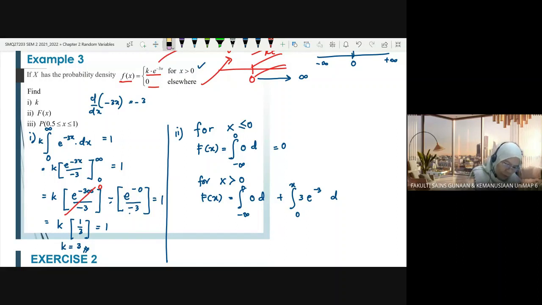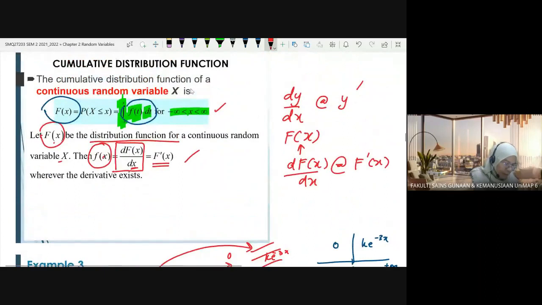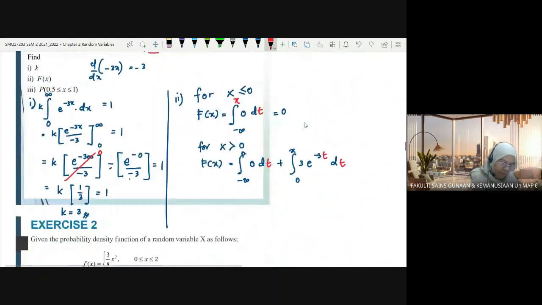Okay, so this should be t. This one t, this one t, then this is t. And really sorry class, this one should be 0, this one should be x. Because why class? Because we are integrating from negative infinity to x value here. Sorry for making the mistake.